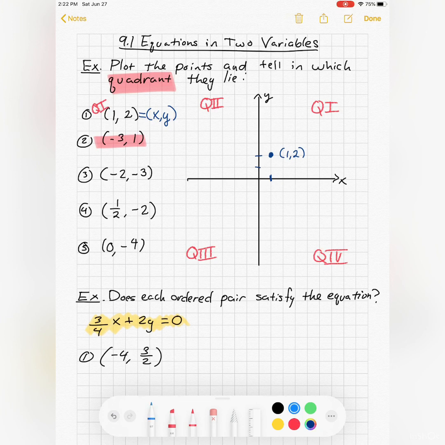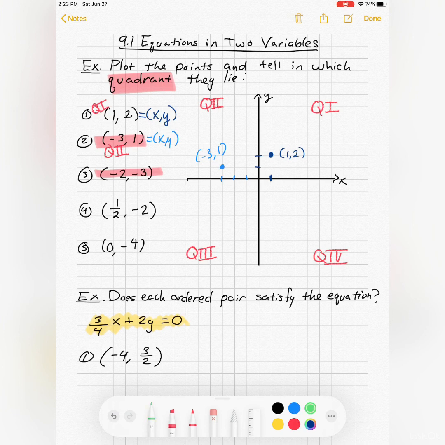Let's do number 2. So the x is -3. The y is +1. Left 3 and up 1. So that point lies in quadrant 2.